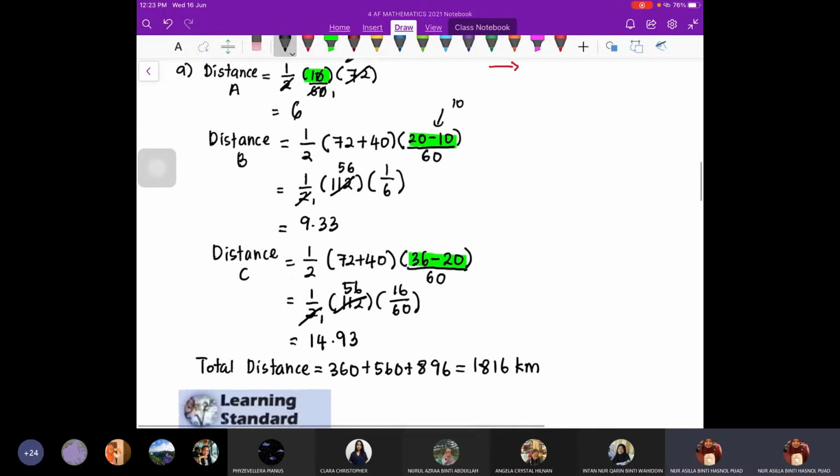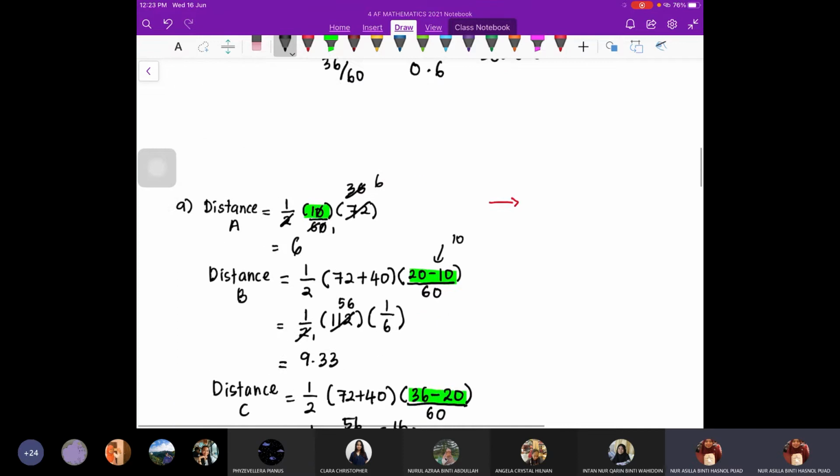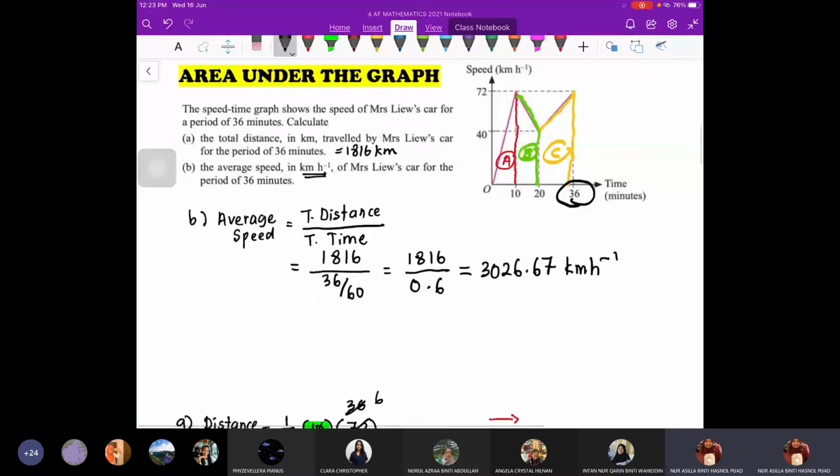Okay, so you tambah, it's going to be different. So 6 plus 9.33 plus 14.93. So you get 30.26. Okay, barulah betul. Okay, so change this.